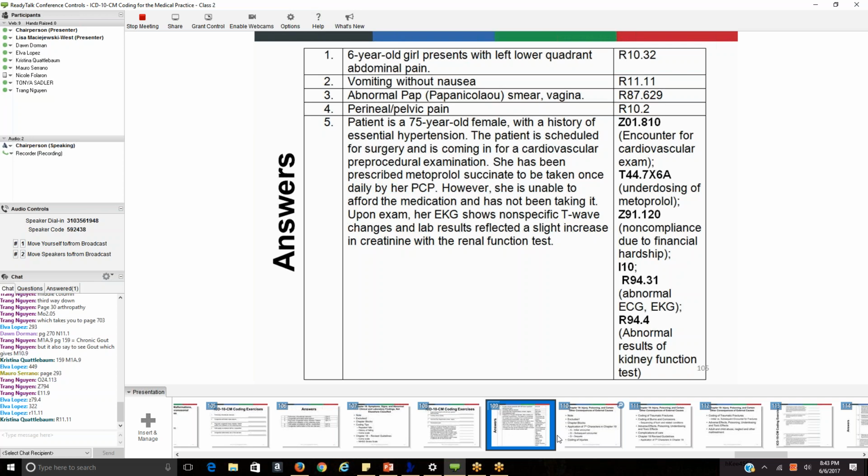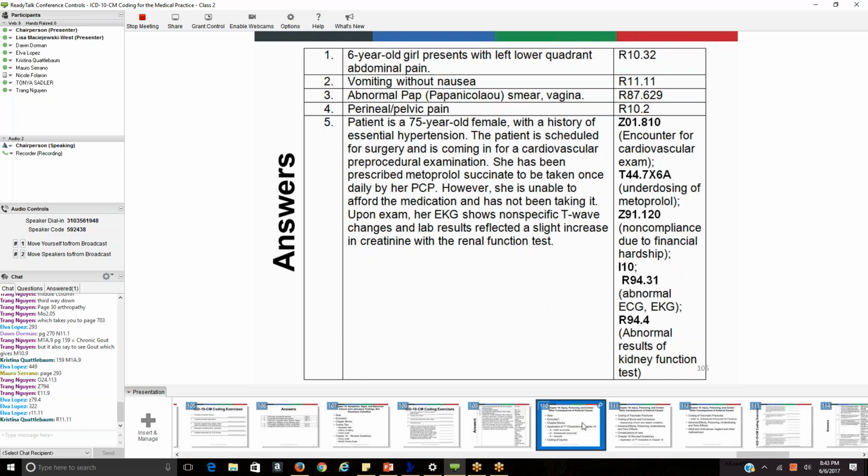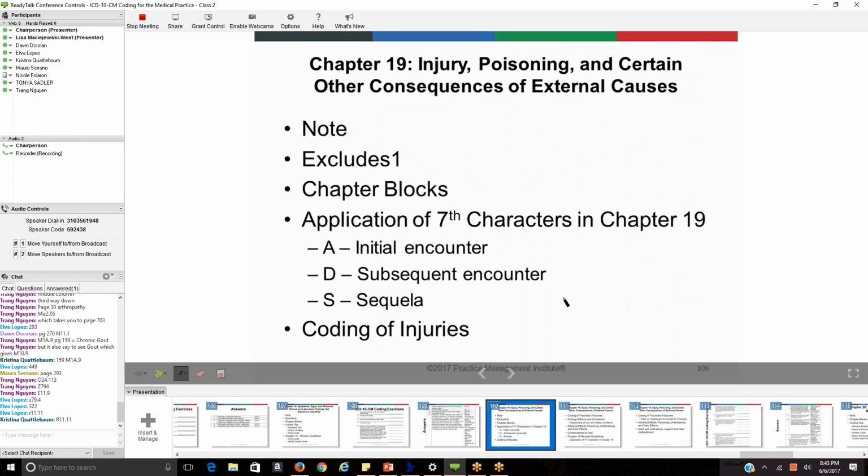So let's move directly now to chapter 19, and let's talk about coding of injuries. You're going to go to page 100 of your manual, and you'll see that you have traumatic injuries of all of the parts of the body, not just the musculoskeletal system, but organs as well, okay?